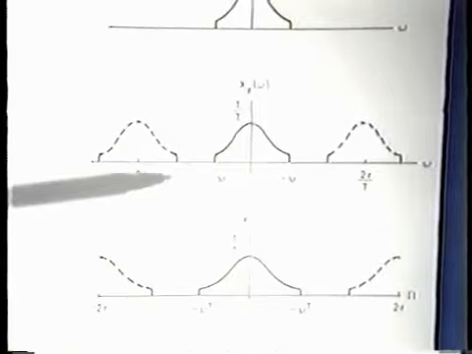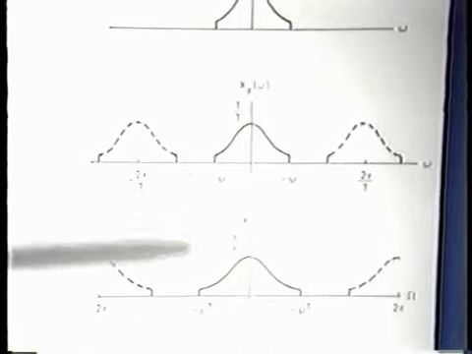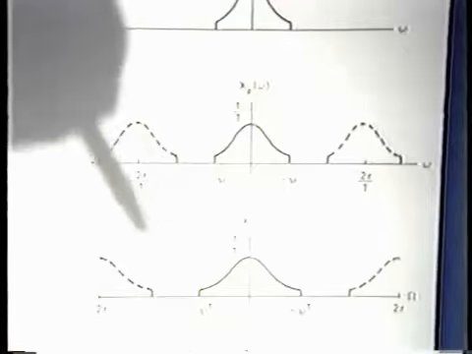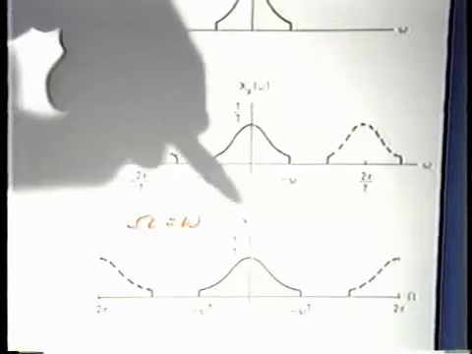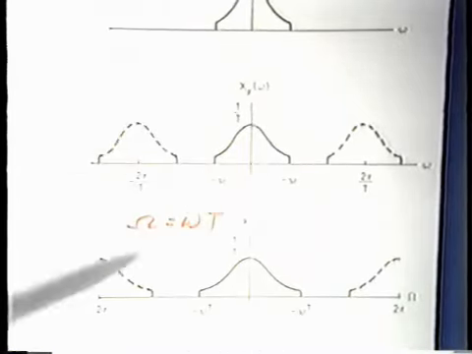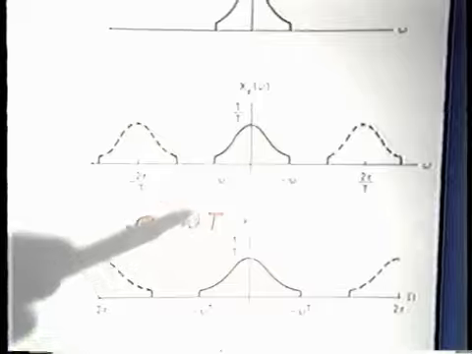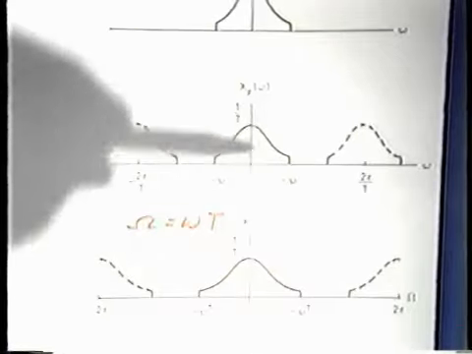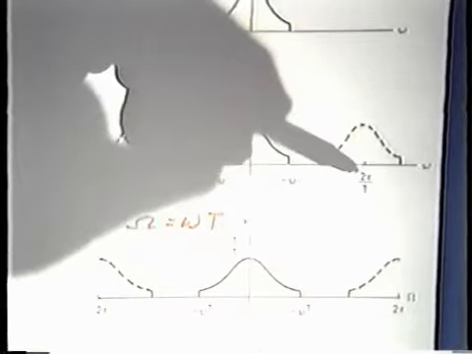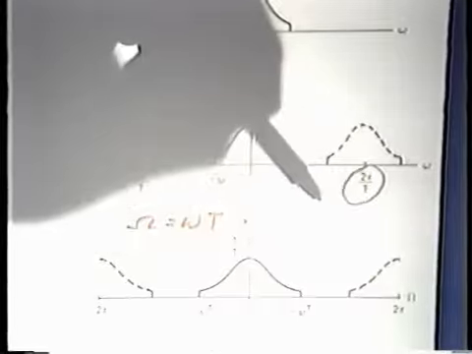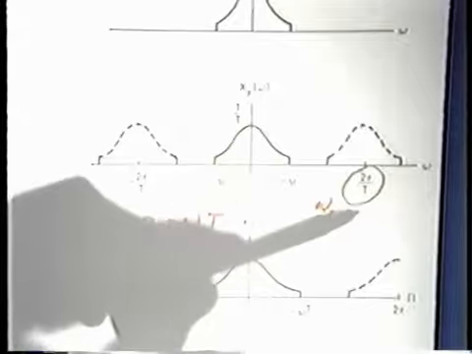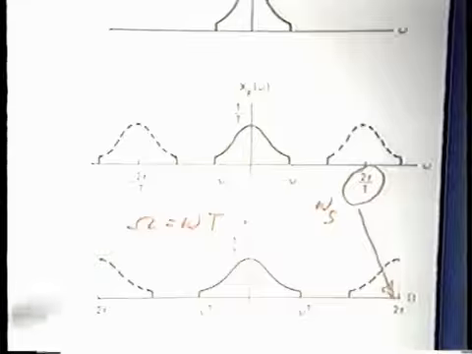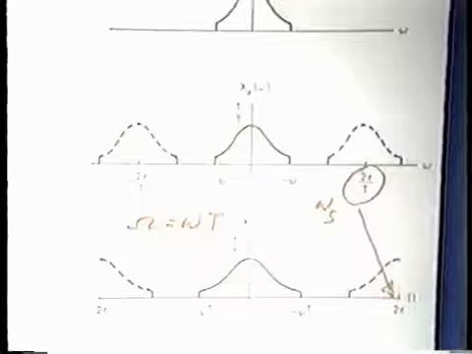So the mapping from the impulse train spectrum to the discrete time spectrum corresponds to a mapping specified by capital omega equal to small omega times capital T. And equivalently, it's the frequency 2 pi over capital T, which is, of course, the sampling frequency, which gets normalized to the frequency 2 pi.